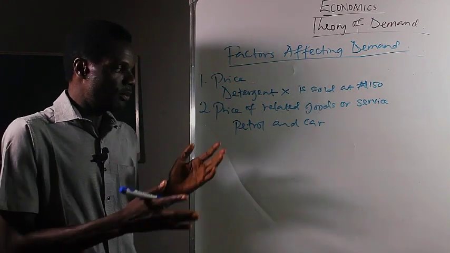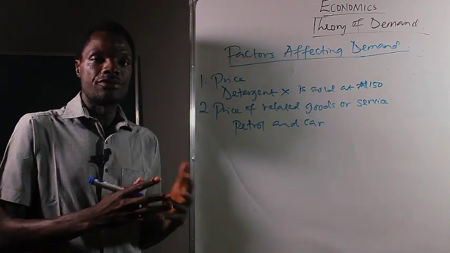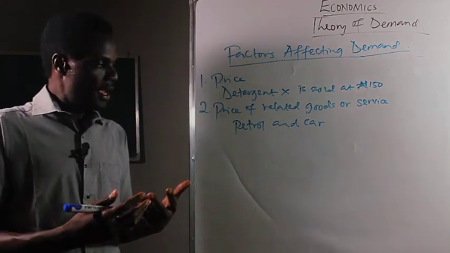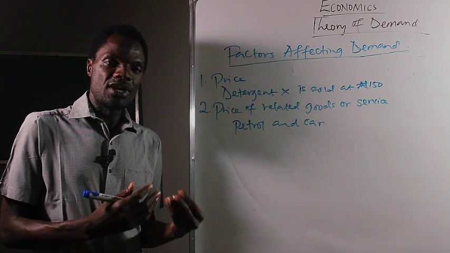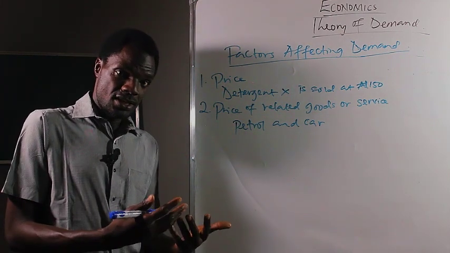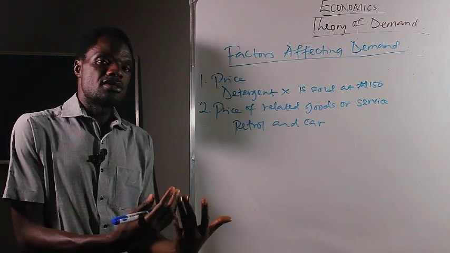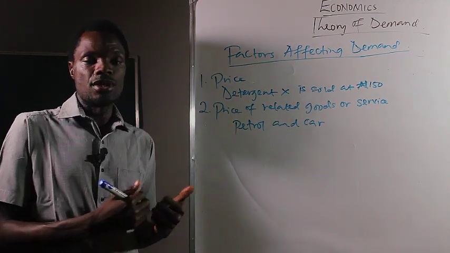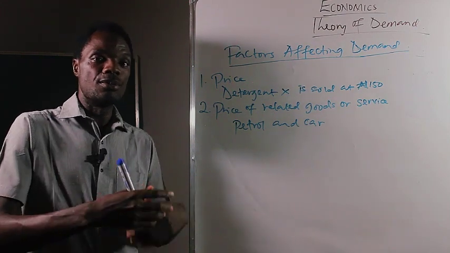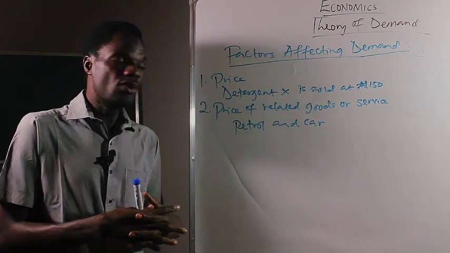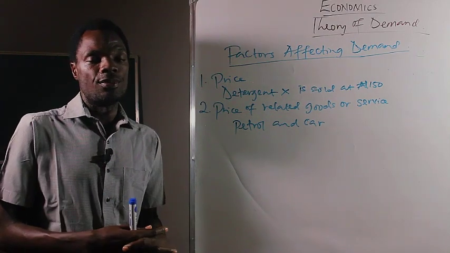Now, as we have seen, the price of related goods and services has influence on the demand for various goods. For example, the petrol and the car are two different goods, but they are related. Their relation is complementary. Those that are using car definitely will buy petrol. So if the price of petrol is increasing, this will discourage the car owners or those that want to buy a car, because it will be costing them too much to buy petrol.